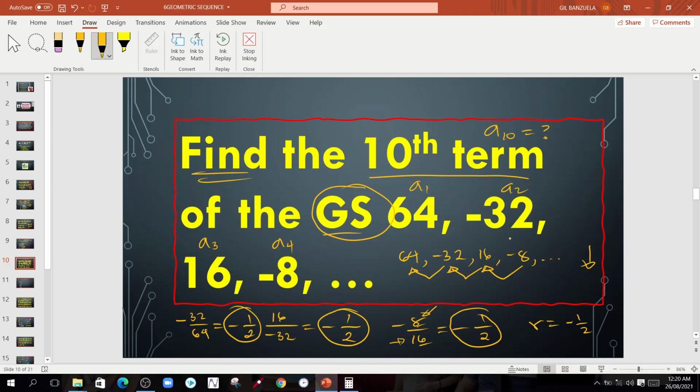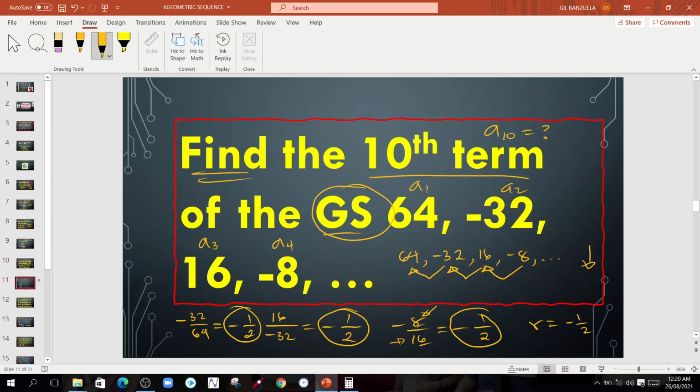Pero pagdating dito sa geometric sequence or geometric progression, guys, kapag yung sequence natin ay in decreasing pattern, automatic fraction ang ratio. Then we have to check for the sign. Kung alternating in sign yan, automatic negative na fraction yung hinahanap natin. Okay? So you have to take note of that.